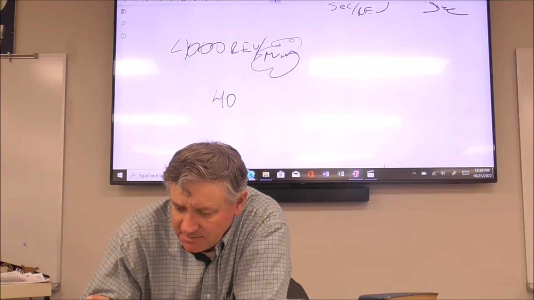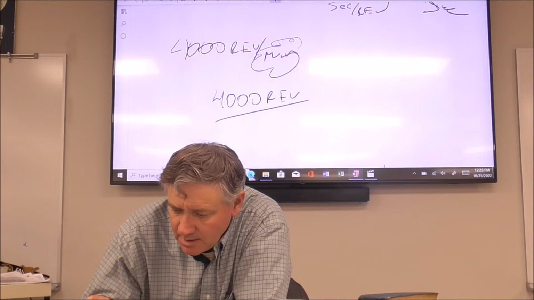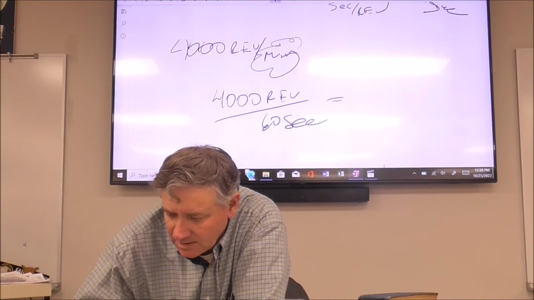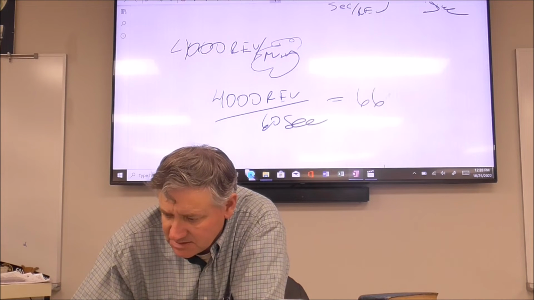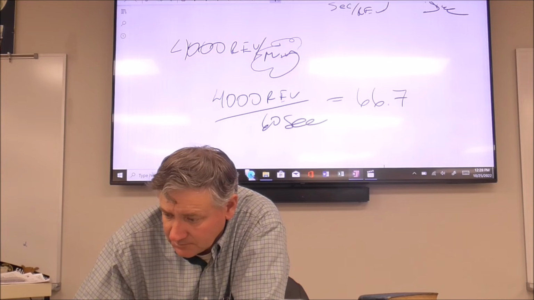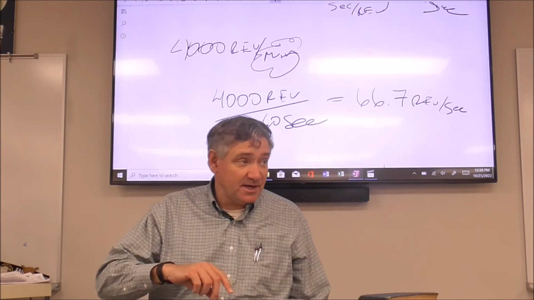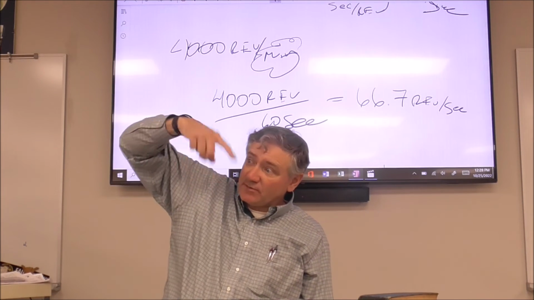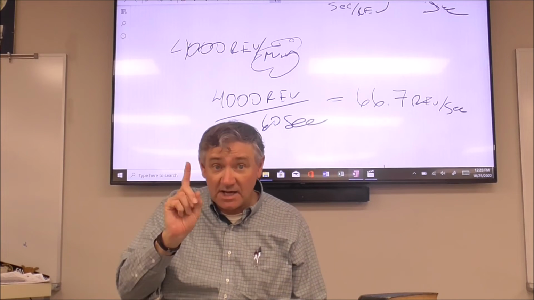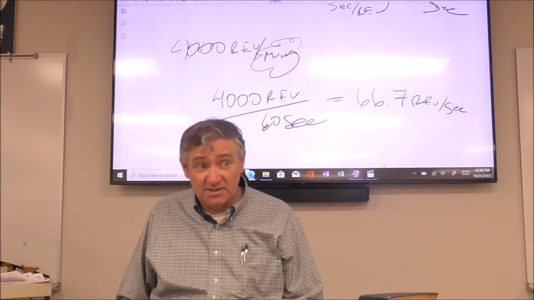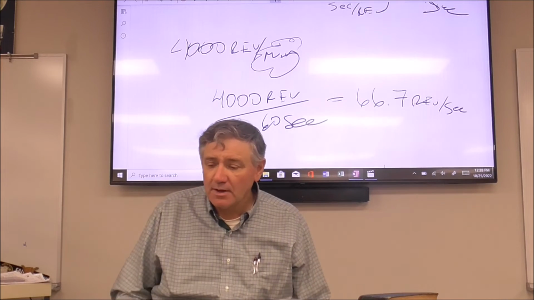So somebody get a calculator and take 4,000 revolutions and divide that by 60 seconds. 66.7? Yeah. Revolutions per second, which is pretty fast if you think about it. In 1 second, that thing is going around about 70 times. That's hauling the mail.